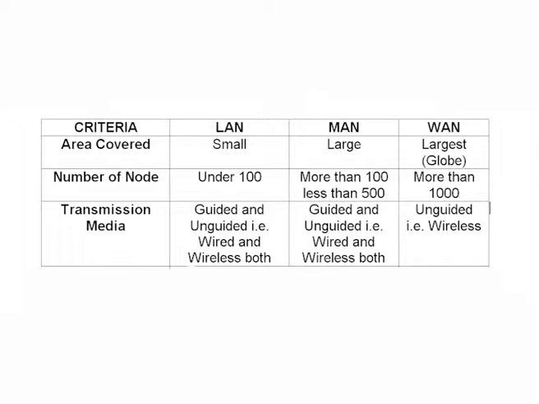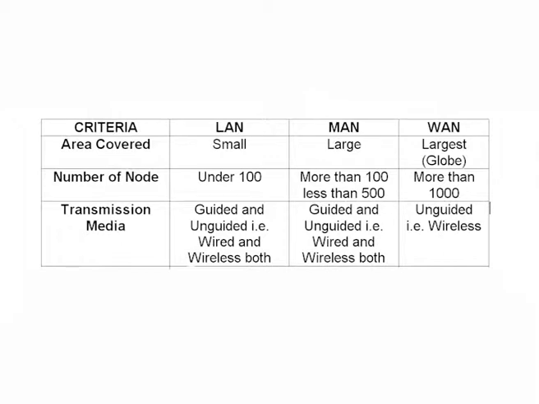Now, the number of nodes. In LAN you have under 100, MAN between 100 and 500, while in WAN it is more than 1000. Then is the transmission media. In LAN you have both guided as well as unguided, that is wired and wireless both.